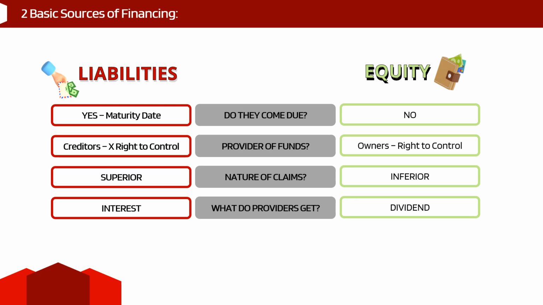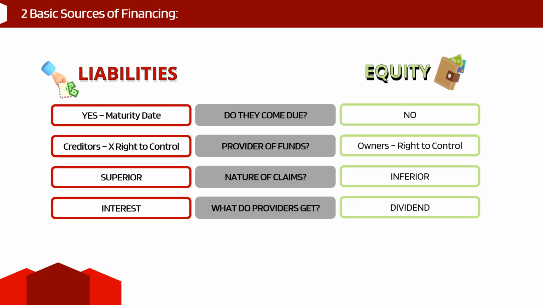So in liability, you'll have creditors, and creditors are typically third party. When we say third party, they are outside the economic entity. And because they're outside and nagpautang lang sila, they do not have the right to control. In contrast, when you have equity providers, they're the part owners, right? So therefore, they have the right to control.